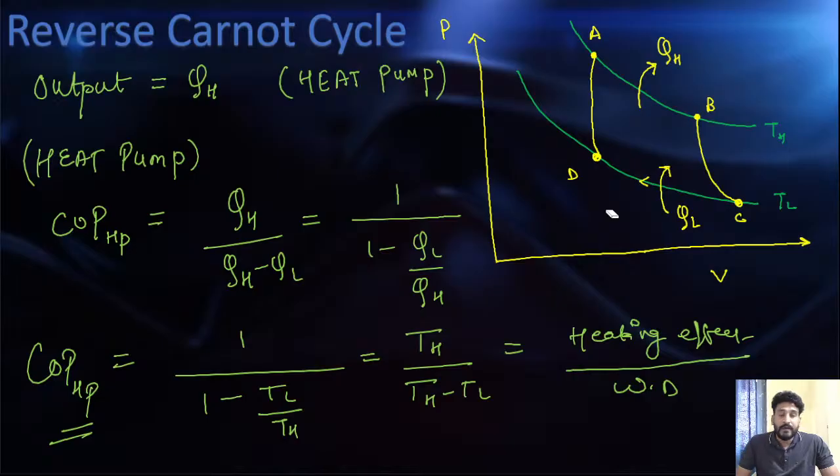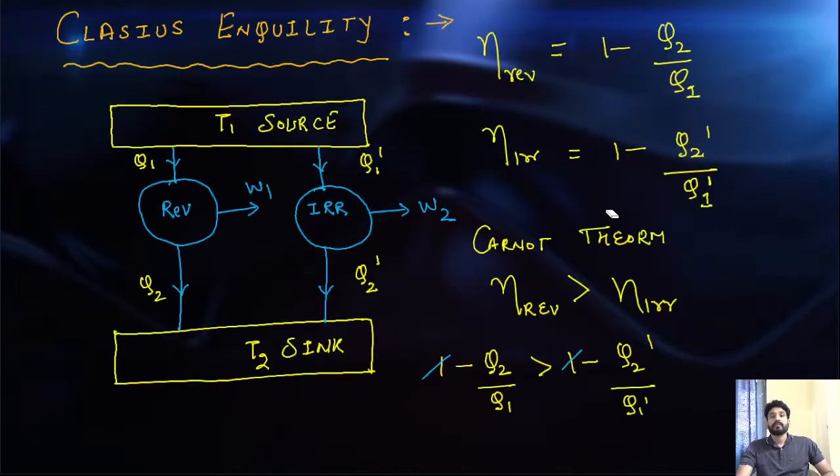The heat taken will be the heat released, and your motive will be changed now. Now your motive will be the heating effect. So the reverse Carnot cycle is basically the heat pump; in other words, the heat pump is based upon the reverse Carnot cycle.